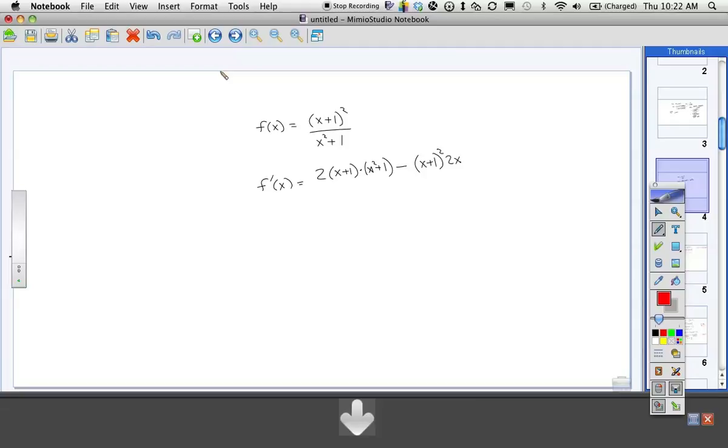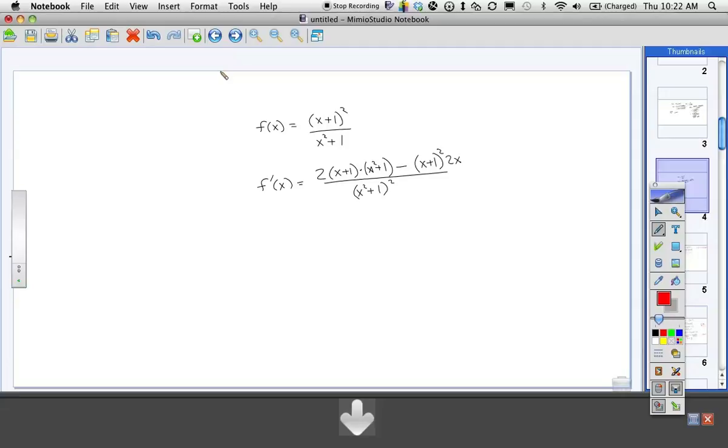Since it's just one term, I don't need parentheses right now. All over x squared plus 1 squared. Did I do that right? Okay.